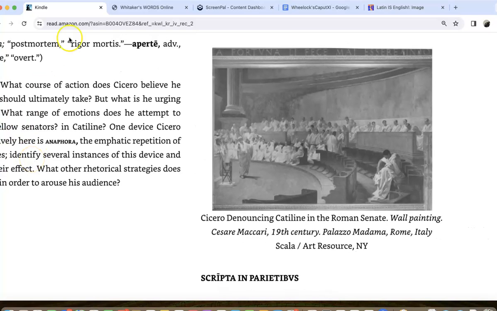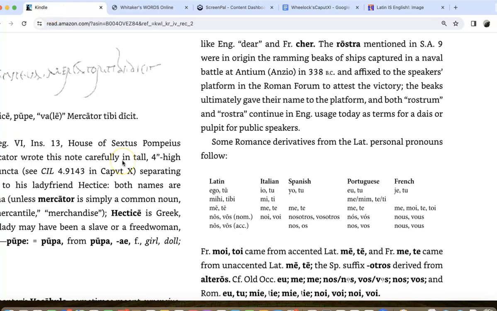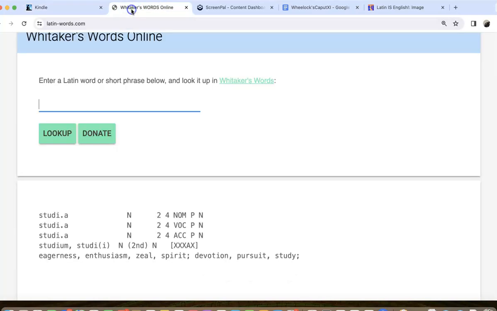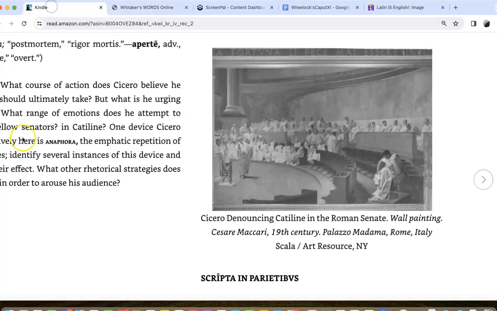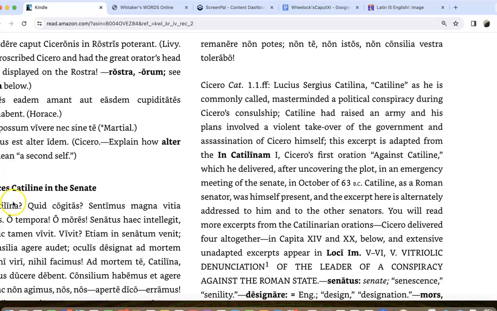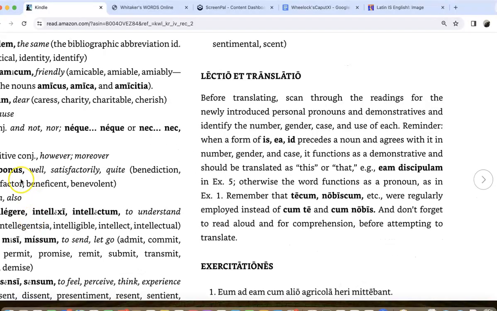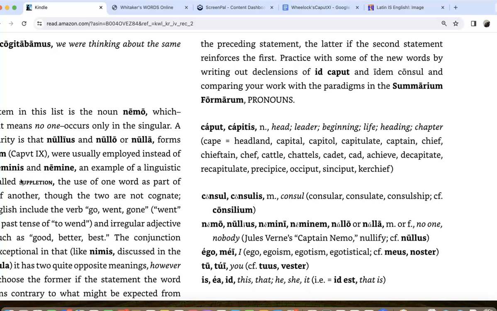Okay, so with that said, let's take a look at the actual text here.